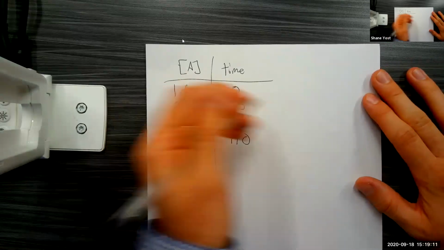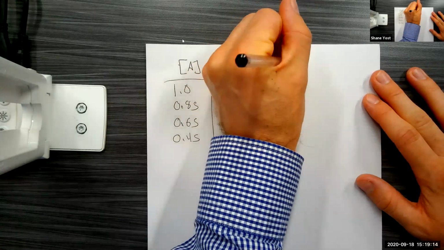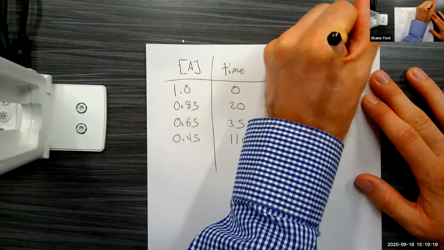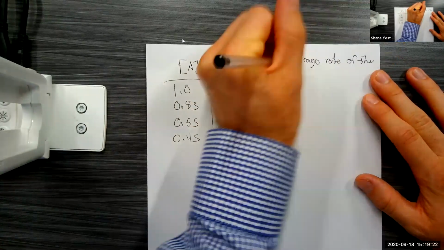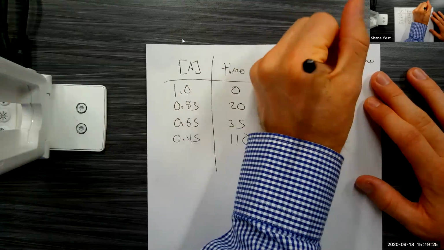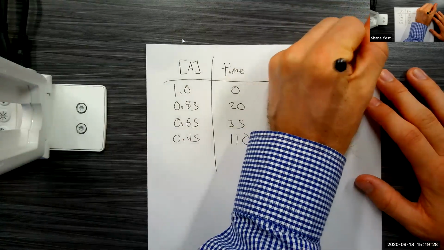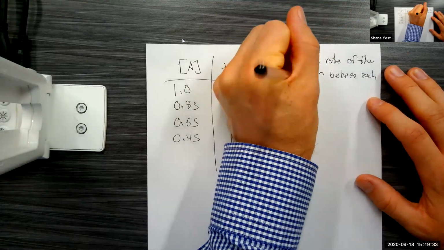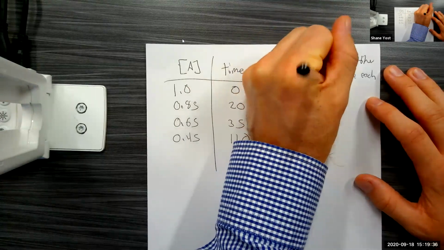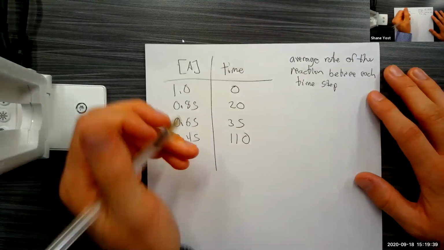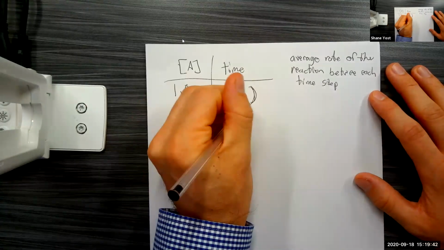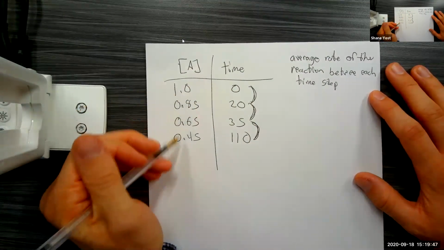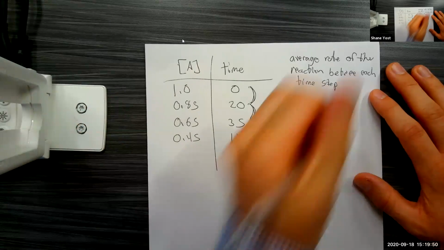So basically, the question is saying, what is the average rate of the reaction between each measurement or time step? So what is the average rate between here, between here, between here? So we'll get 3 different average rates of reaction for these 3 different time intervals.